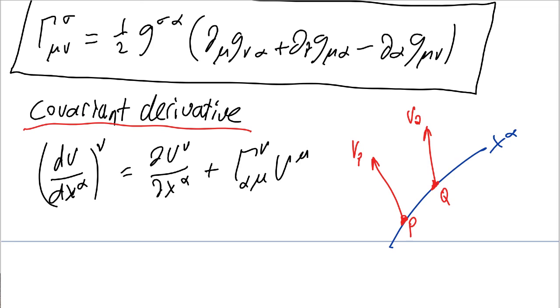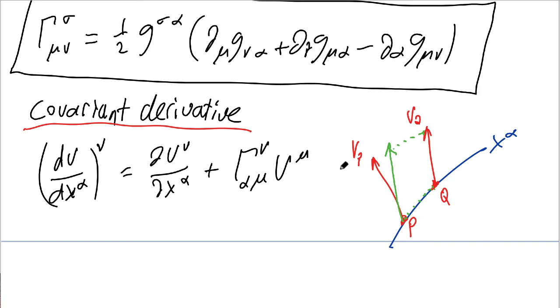So we're parallel transporting this vector from point Q back to point P. So here's the parallel transported vector from Q to point P, and then we're subtracting them to define our derivative. So that's the notion of the covariant derivative, and it relies on this idea of parallel transport.